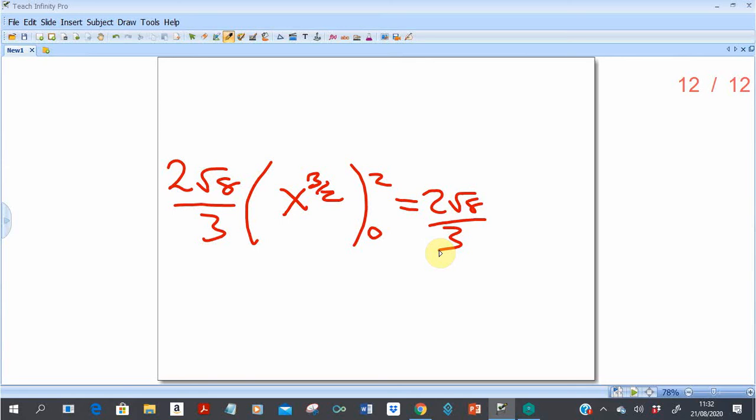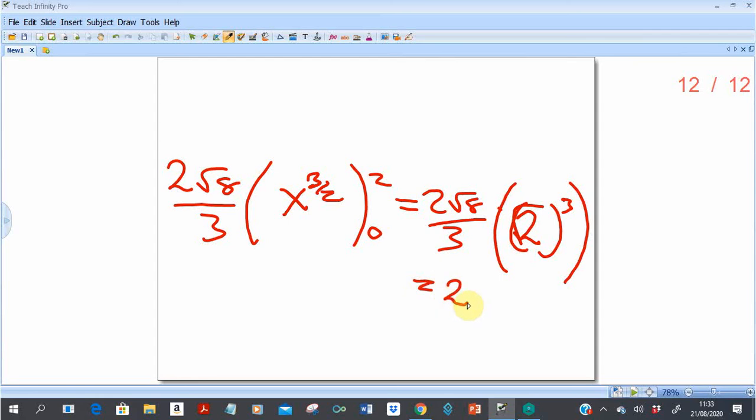When we put 2 there, we get square root of 2 to the power 3, and when we put 0 there, we have 0.